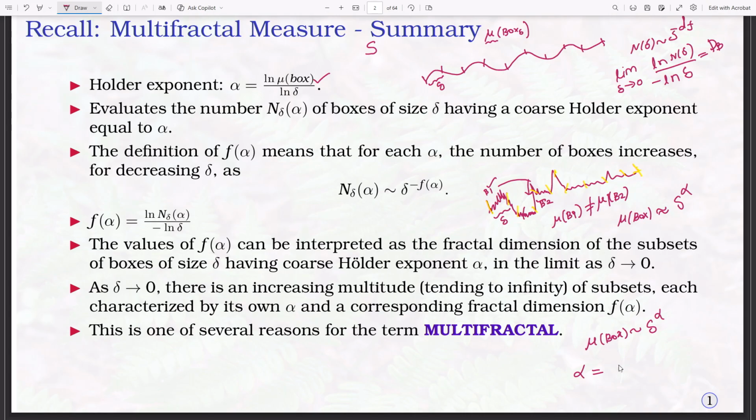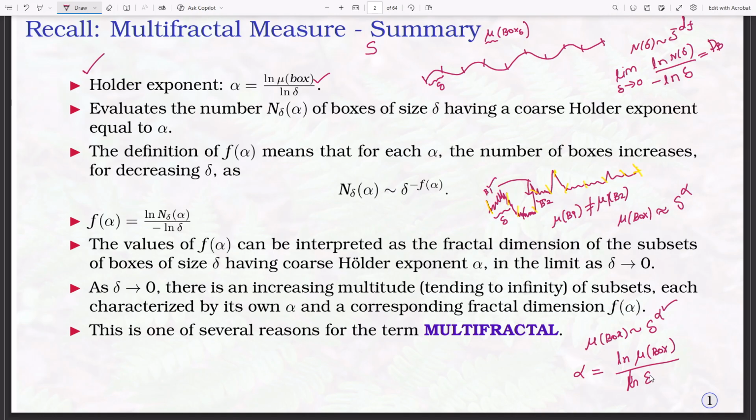So we can get ln of the measure of the boxes over ln of this delta, the size of the boxes. Here it follows this power law property with respect to this scaling. This scaling now we can define as the Holder exponent.